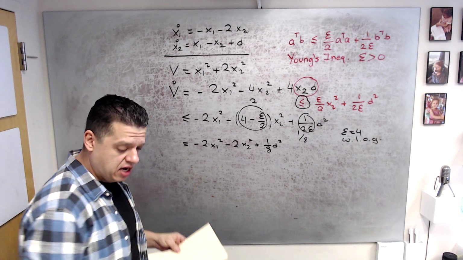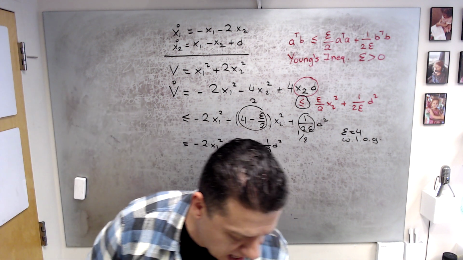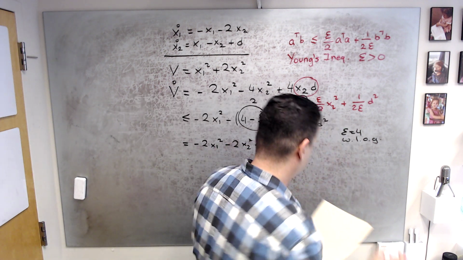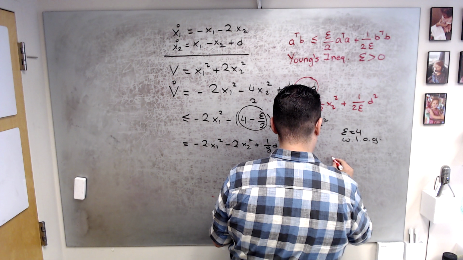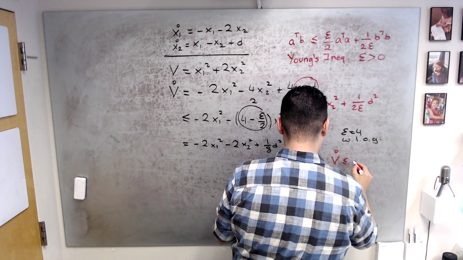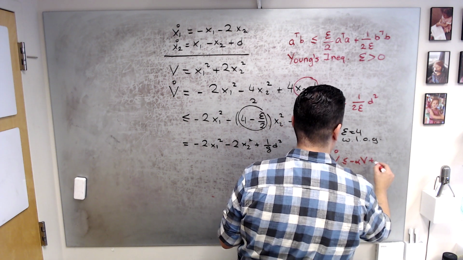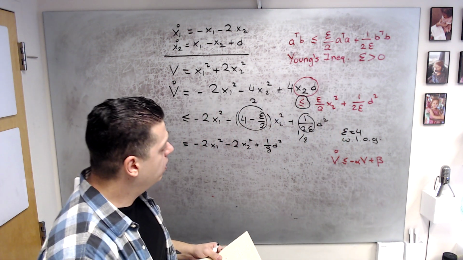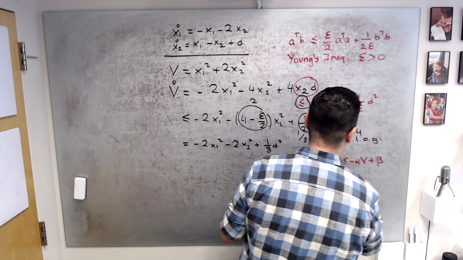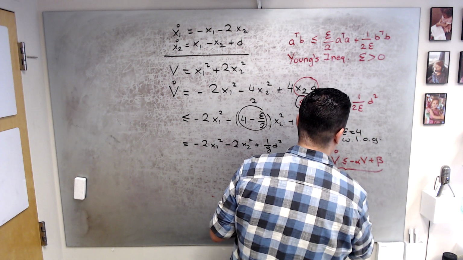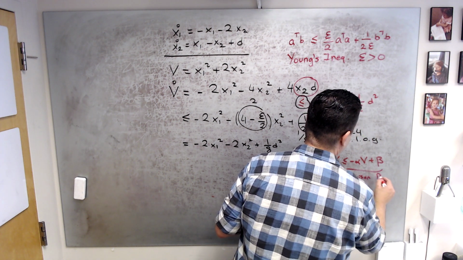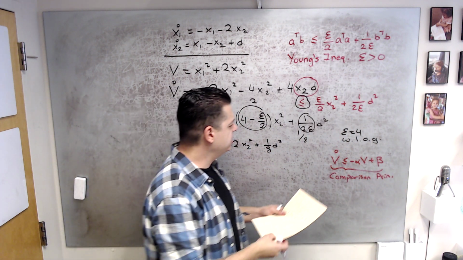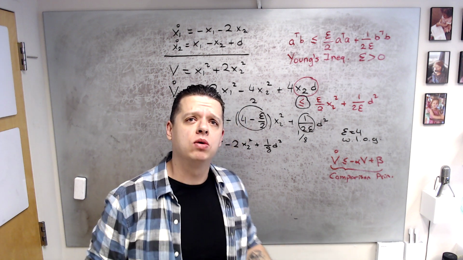Now from here I would like to get a structure like this: V dot less than minus alpha V plus beta, with alpha and beta being positive constants. Because if you have a form like this, from the comparison principle, since this is a scalar equation but it is not an equality.